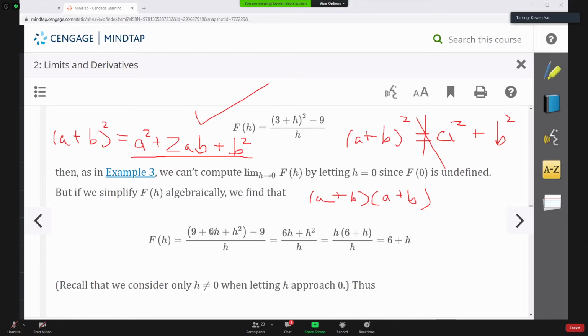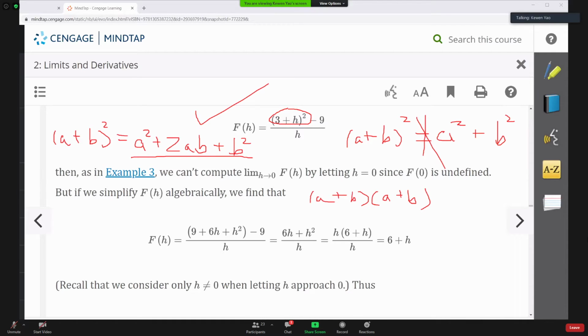Now you can simplify. Please do it. You have to expand using this formula, where a is 3 and b is h. Now do it. Please simplify. You have to learn how to handle the limit using algebra. Everybody should learn in this class how to find the limit using algebra, because DSP does not work in this case.